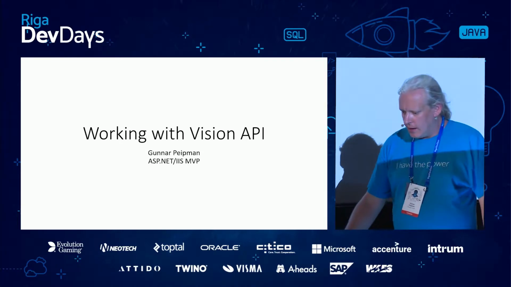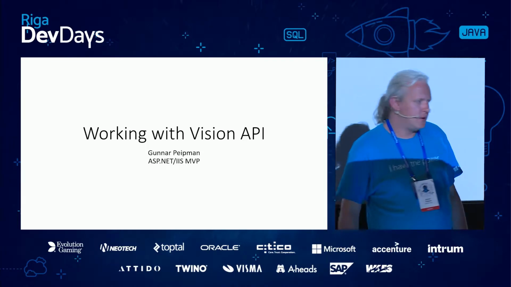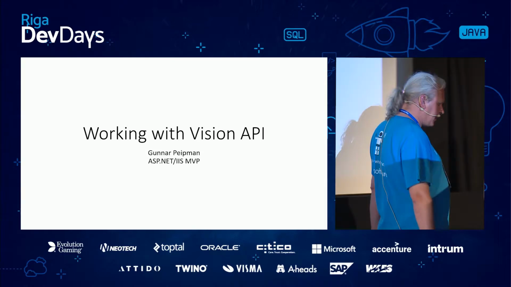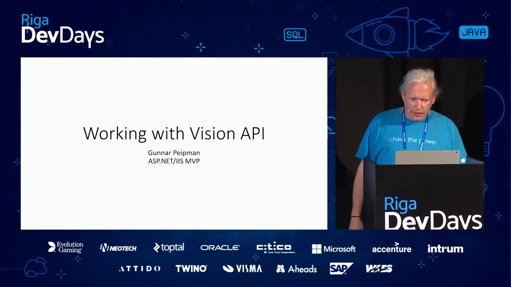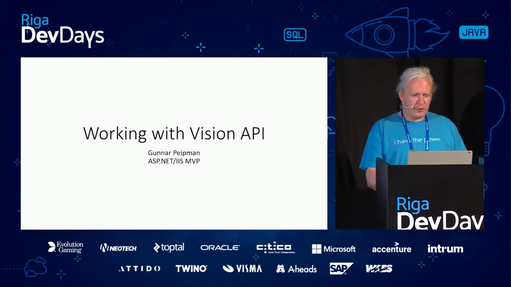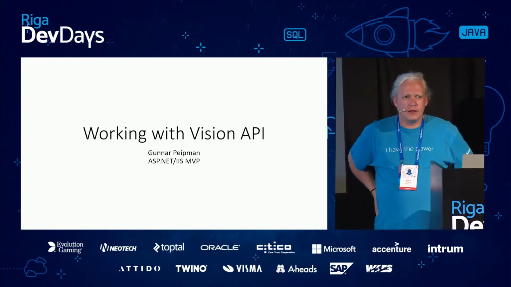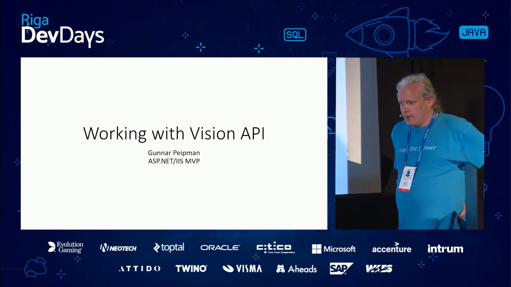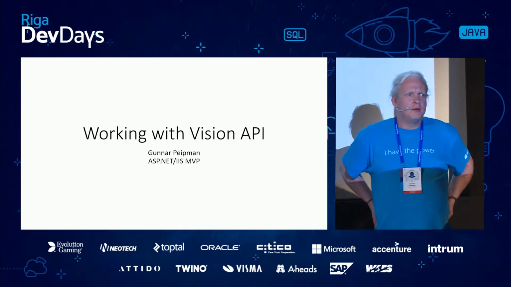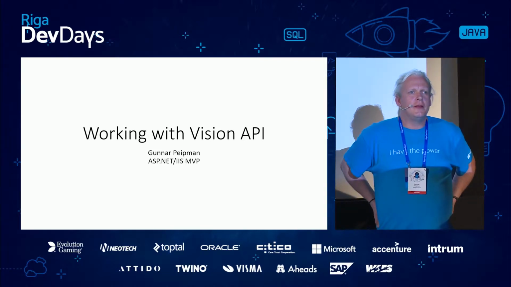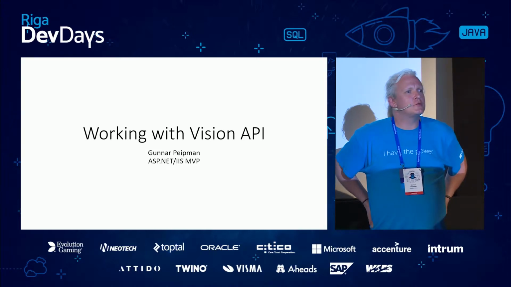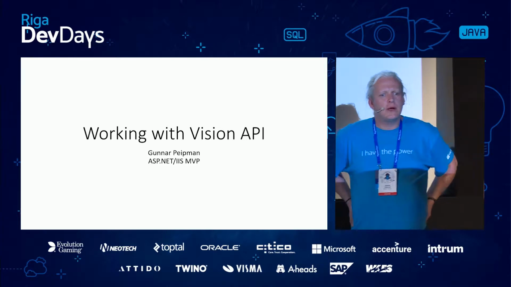Okay, my name is Gunnar Peipman. I'm coming from Estonia, and to the computer vision topic I actually got accidentally because I think I'm not the only guy here who is living in a Soviet time panel house. And there was a question.